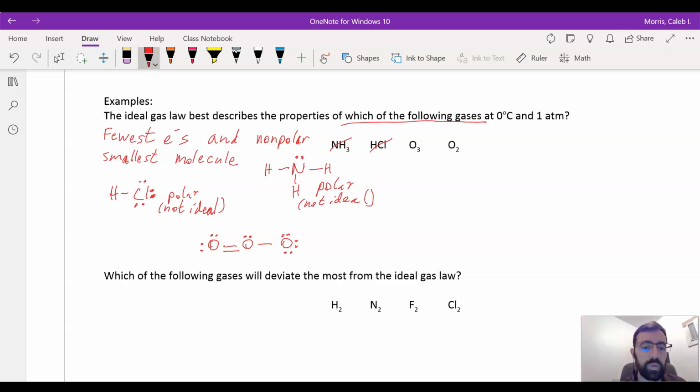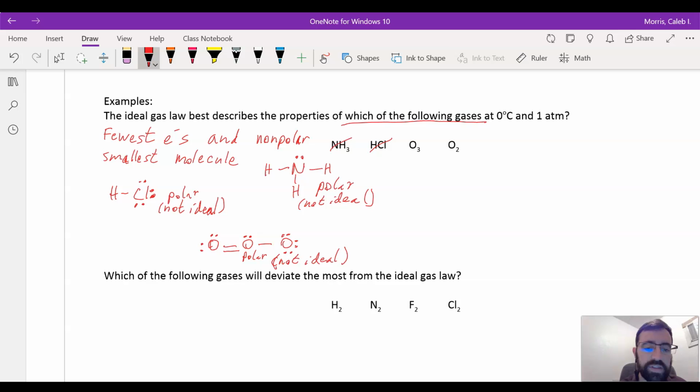When you draw it this way, you can see that it's a bent molecule, and we have 2 oxygens on one side and 1 oxygen on the other. That's going to lead to this being a polar molecule, because one side is going to be more electronegative than the other in this bent molecule. It's polar, and that makes it not ideal.